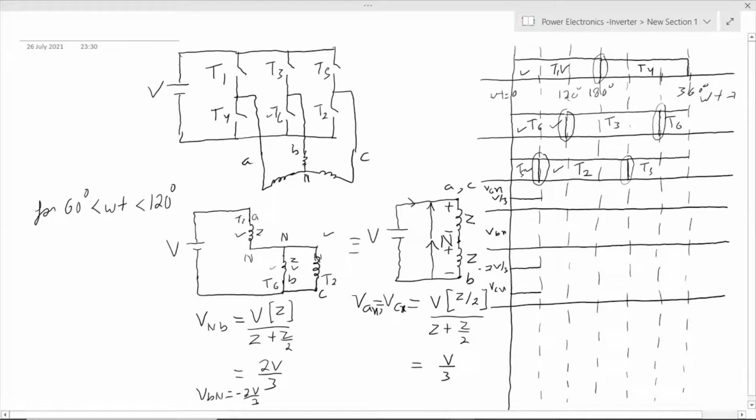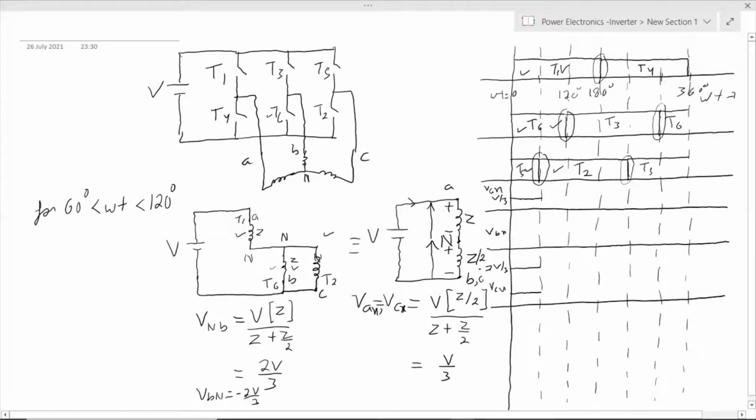They will be connected in parallel. So the same thing which we have done in the previous, from 0 degree to 60 degree for upper switches, is being repeated, but here the lower switches are having two phases. Okay, so the C you can remove from above and draw in below.